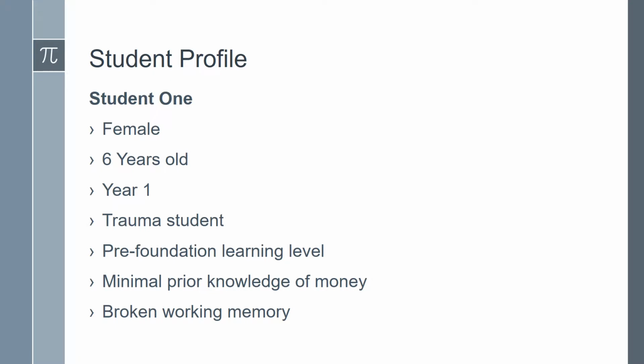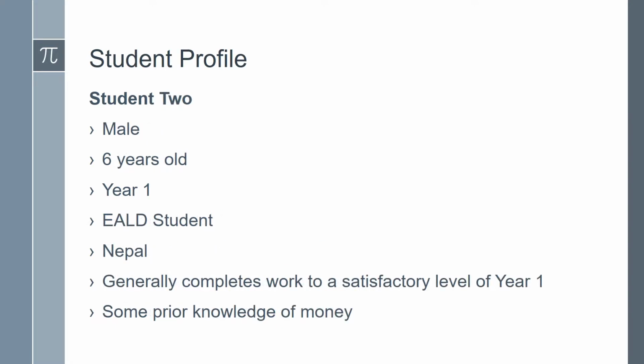And within my class, I chose 3 students who demonstrate diversity in different strengths and abilities. Student 1 is a year 1 girl, and she has trauma, and her learning ability is at pre-foundation level. Student 2 I chose is a year 1 boy, and he came from Nepal.